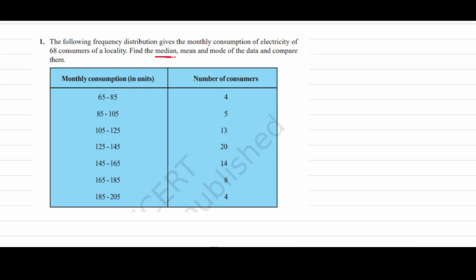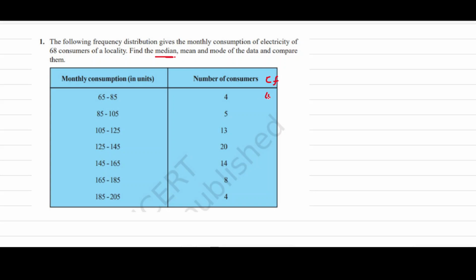So first we will find the median of the data, and then we will find the mean and mode, and then we will compare. Because we have solved many questions related to mean and mode, now for median, CF is essential. So first we should put the data for CF.